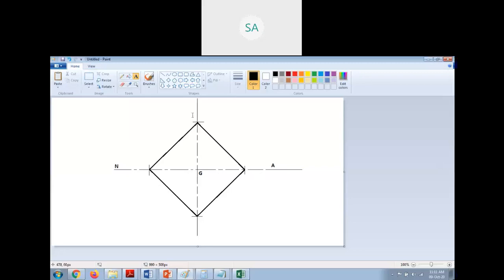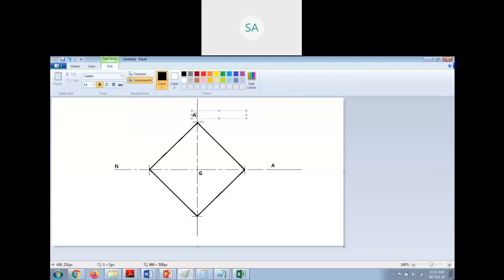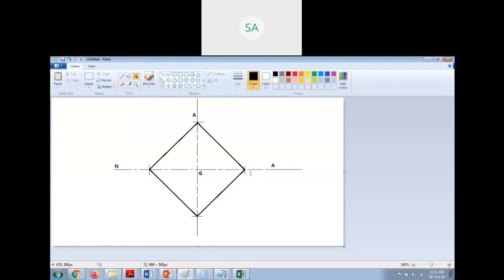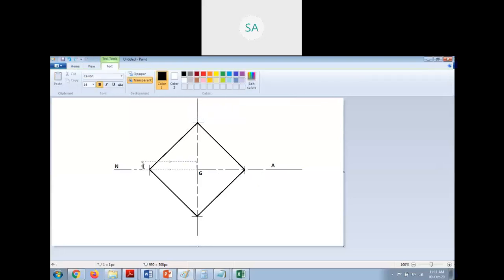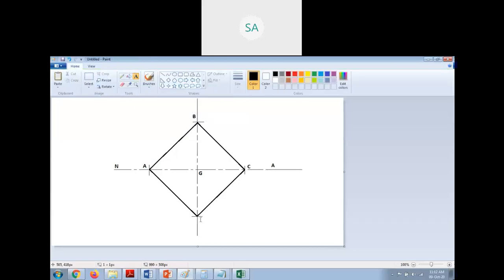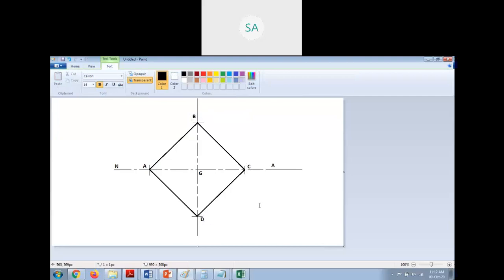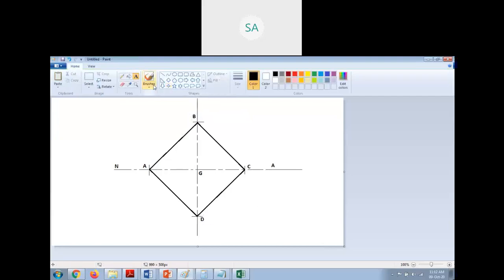I'll start from here, A, B, let this be C, and this will be D. And what he has given is the diagonal.